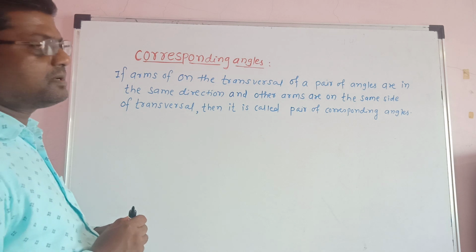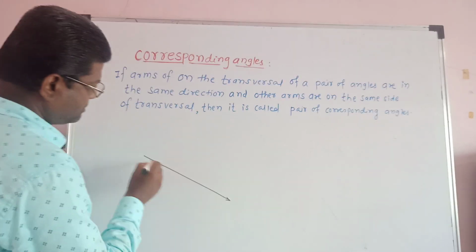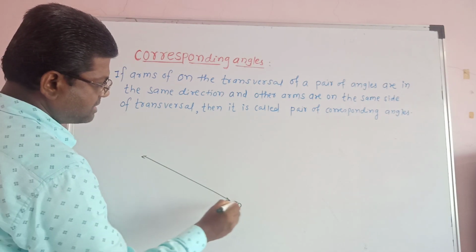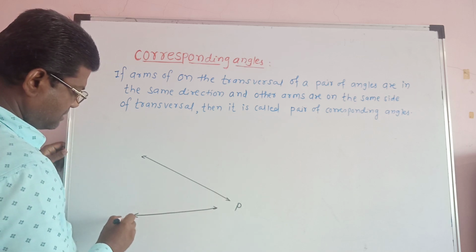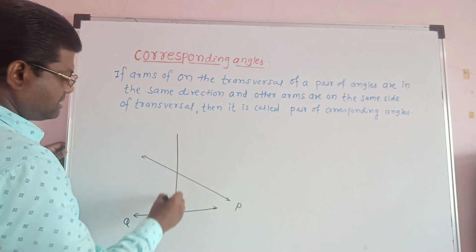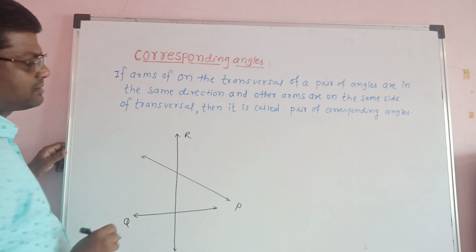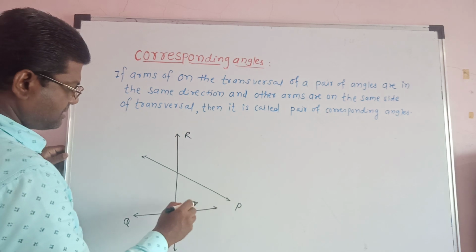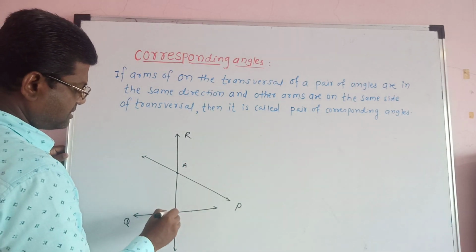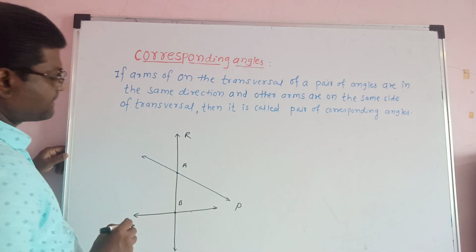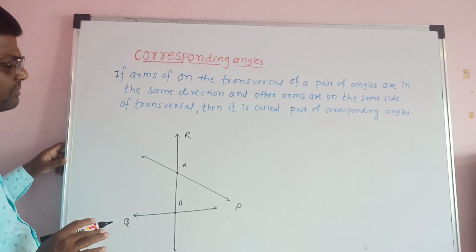Next point is corresponding angles. Now consider two lines. This is a line P and this is a line Q. And consider a third line R. Now R intersects line P and line Q at two distinct points A and B. Here we get a total of 8 angles.